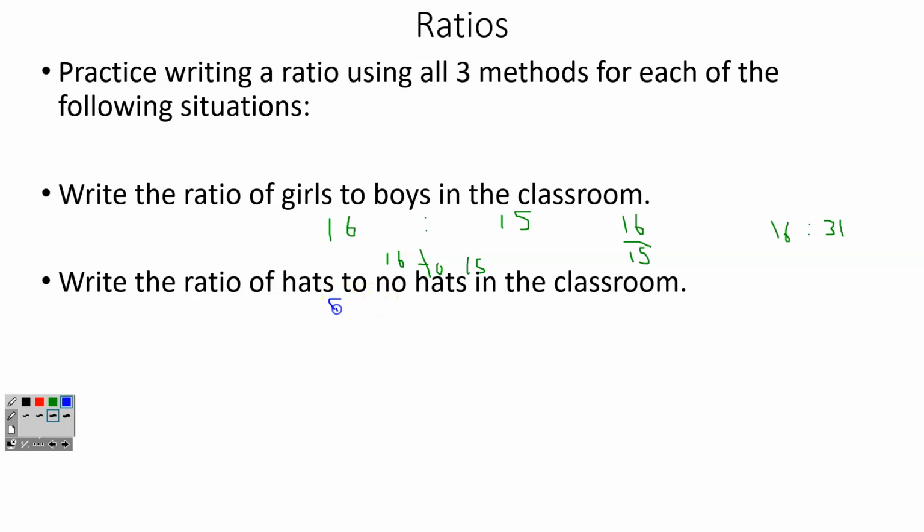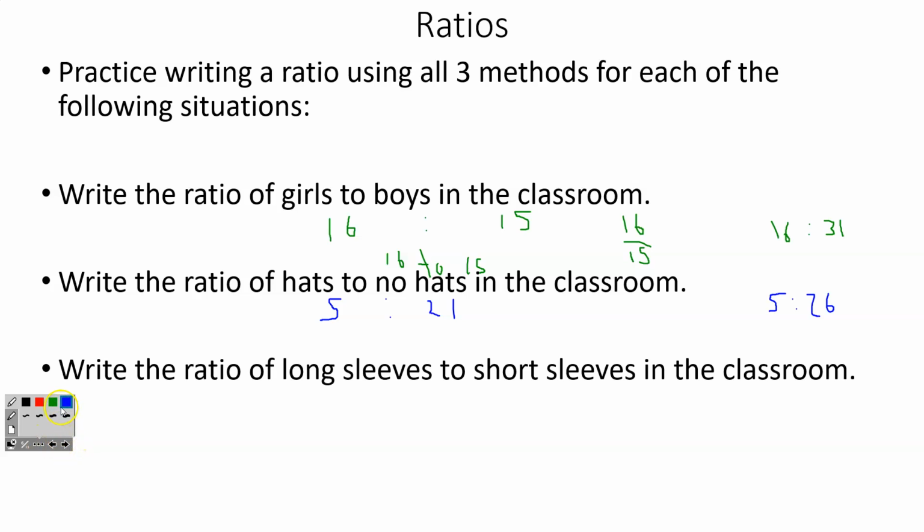So let's say that there are 5 students wearing hats and 21 not wearing hats. So we could say 5 to 21. If I were to say hats to number of students in the classroom, then again, watch that because we would add those together and now it would be 5 to 26. So make sure you're reading the words.